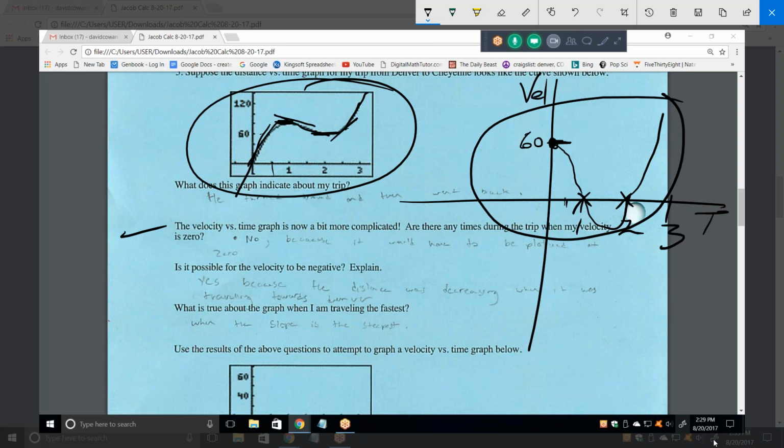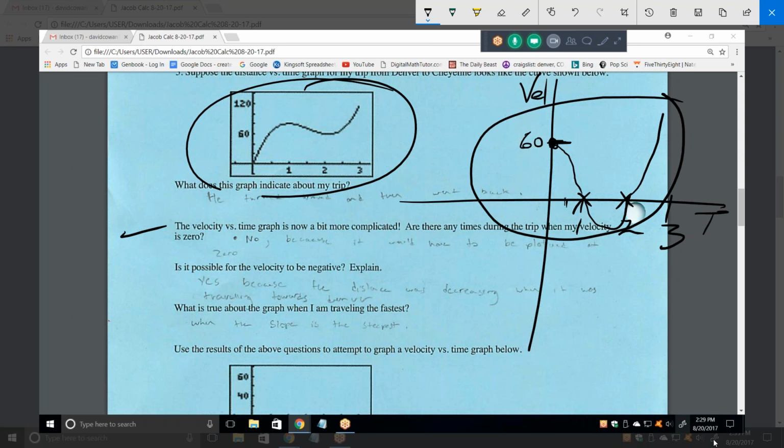When you draw a velocity curve from a position curve, you're basically drawing the slopes of the tangent line at every point along the horizontal axis. And that's what I've tried to do here. And this can be pretty confusing. I mean, it really takes a while to get used to this concept.